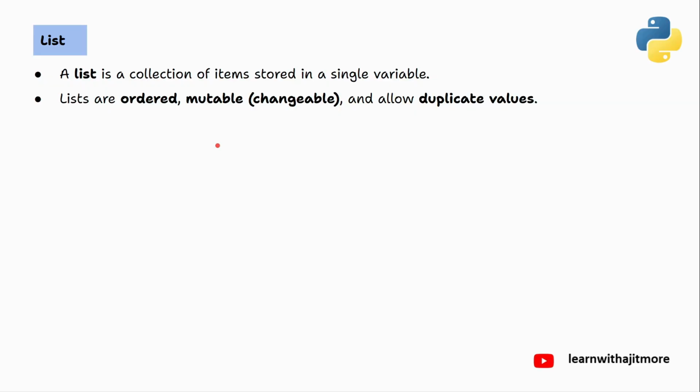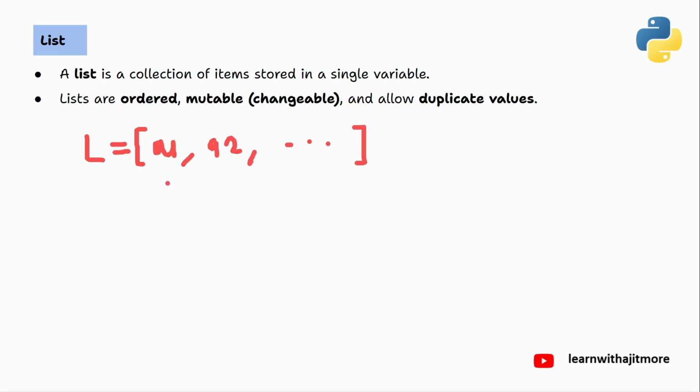Okay, now how to create a list? It's very simple. You have to create your list object equal to, and in square brackets, you can enlist all your elements or items. Okay, so item 1 is there, item 2, item 3, going on. No hard and fast rule that all the items should be of the same type. They can be of different types as well.